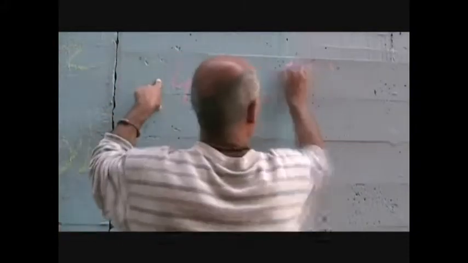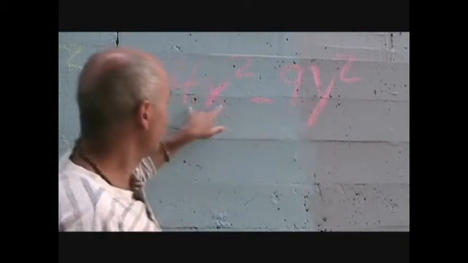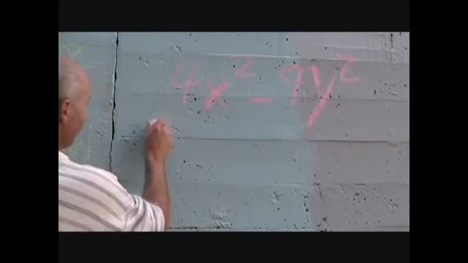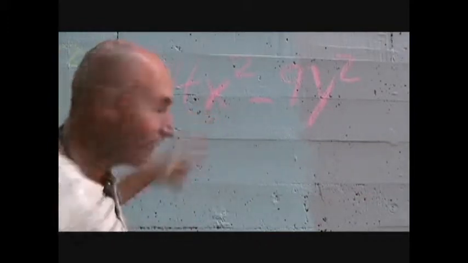So you could have variables and numbers mixed together. You have 4x squared minus 9y squared. Again, it's just the square root of the first one minus the square root of the second one, times the square root of the first one plus the square root of the second. The square root of 4x squared is just going to be 2x.